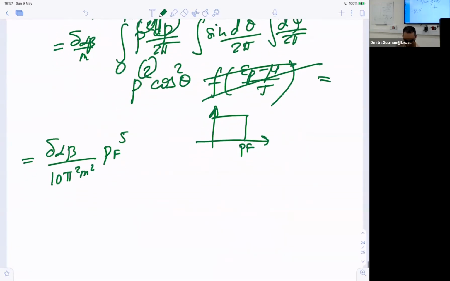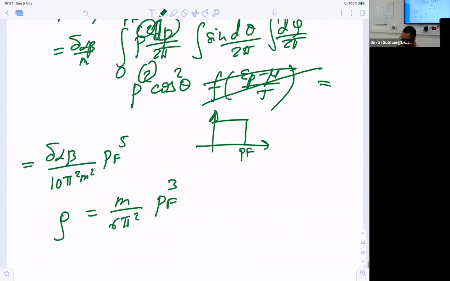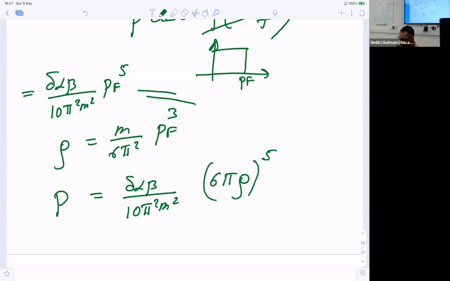But we also remember there was a simple relation between density and P Fermi, and that was m over 6 pi square P Fermi cube. Therefore, we can rewrite the pressure and say that the pressure is equal to delta alpha beta divided by 10 pi square m square 6 pi rho in the power 5/3.